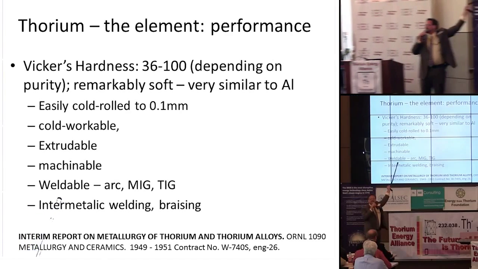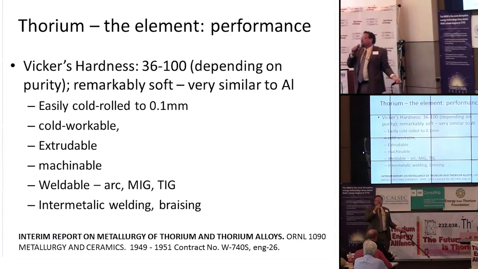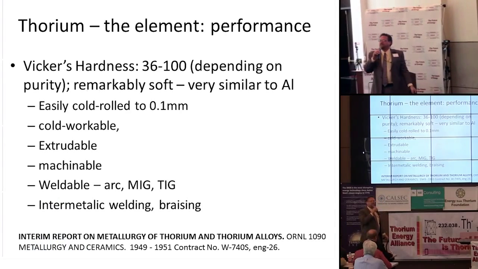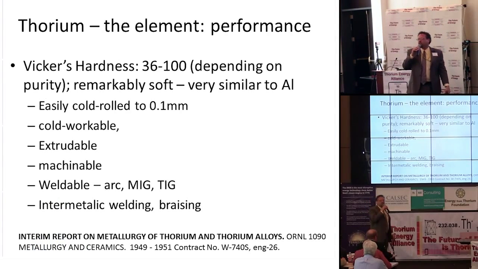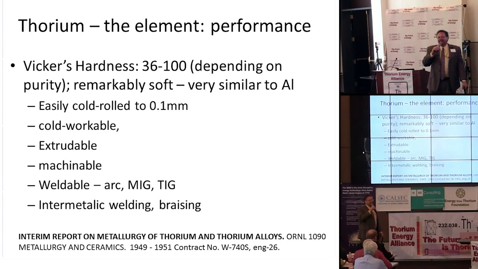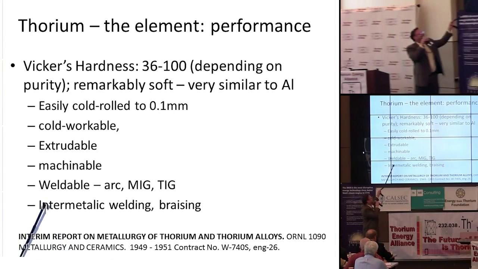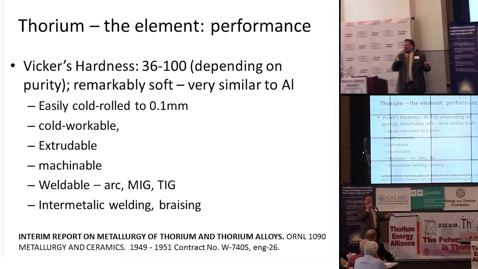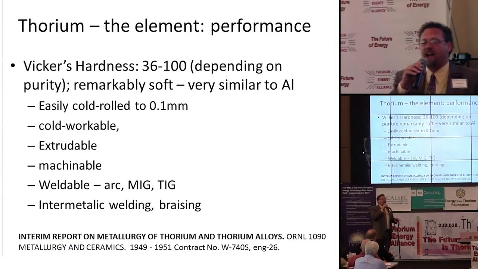You can weld it. You can not only weld it, but you can weld it with dissimilar metals. You can weld together zirconium and thorium. That's amazing. And these guys did extensive testing at elevated temperatures for months on end, and they saw no microfractures.